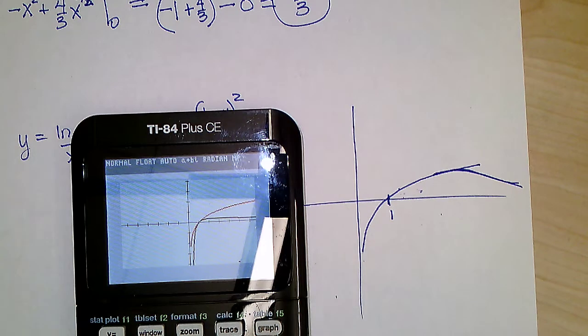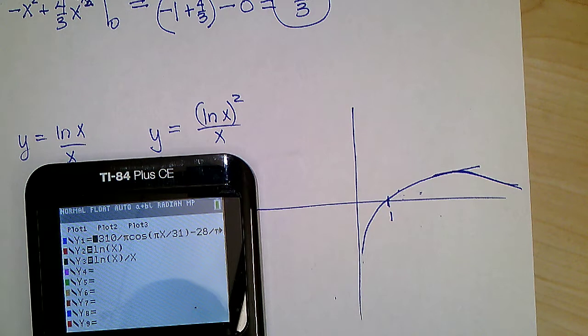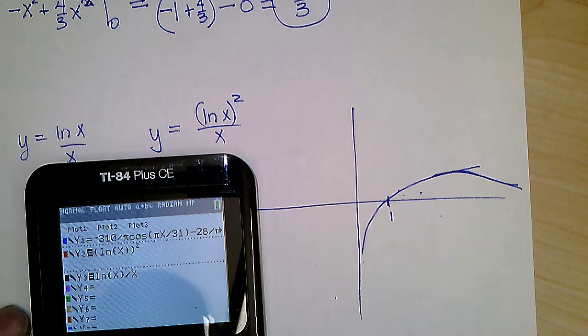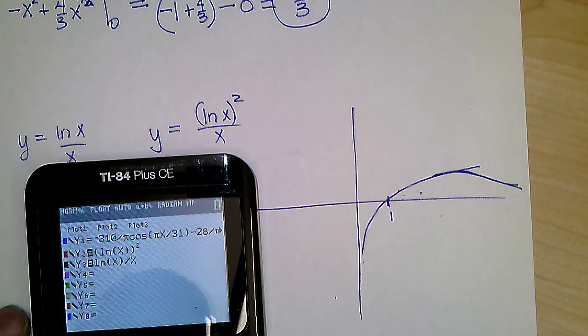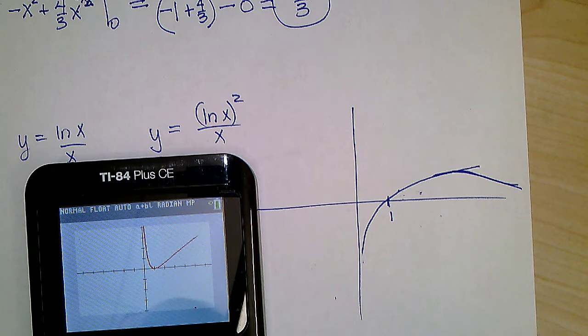Okay, now what does the other one do with the ln squared? So let's see what ln x squared looks like. So I'm going to insert a parenthesis there and put 1 at the end just to make sure I get the whole thing squared. And clear that one and graph that. So there's ln x squared.